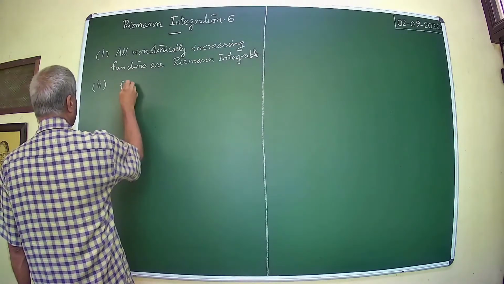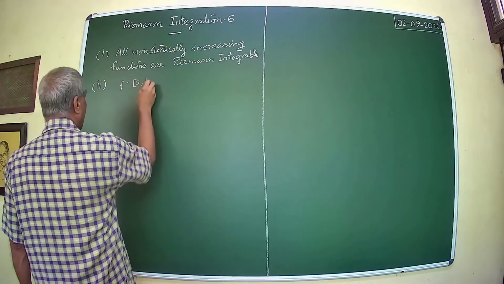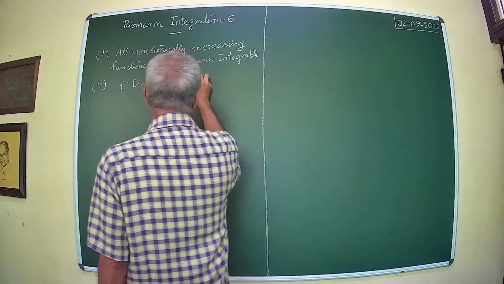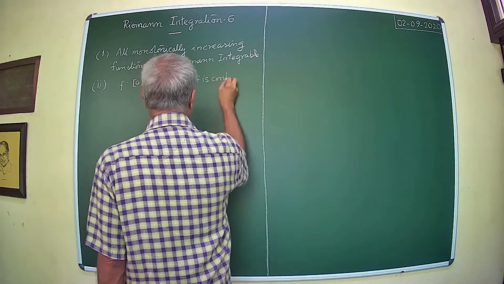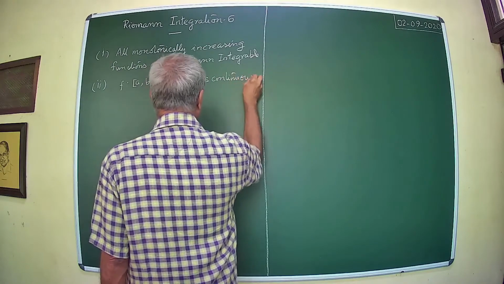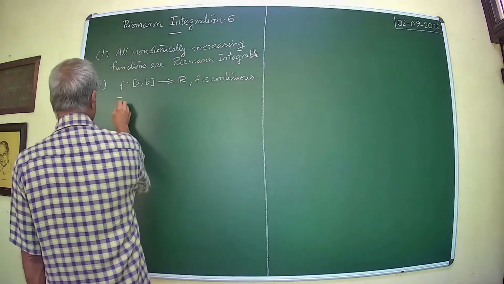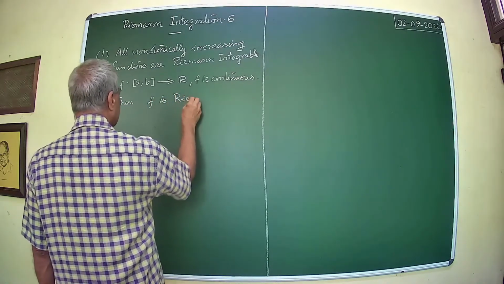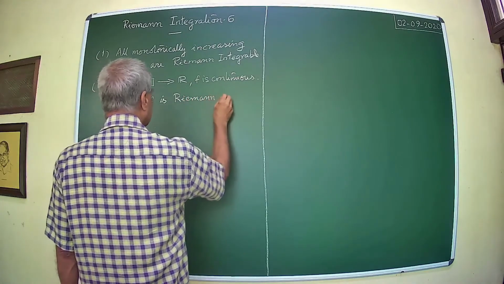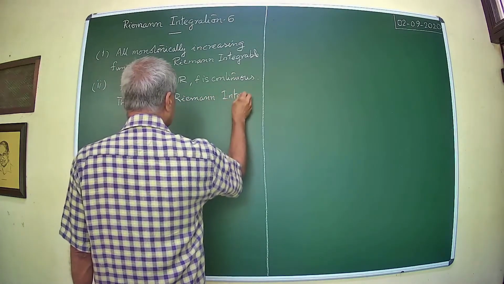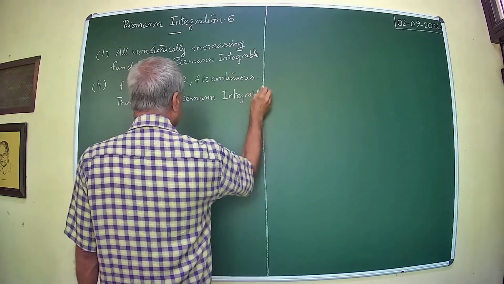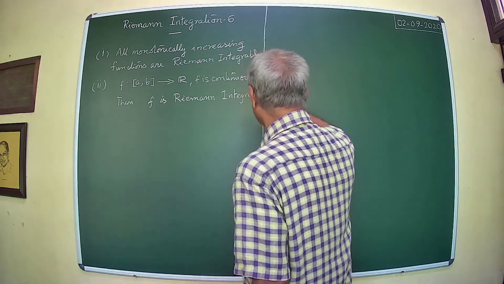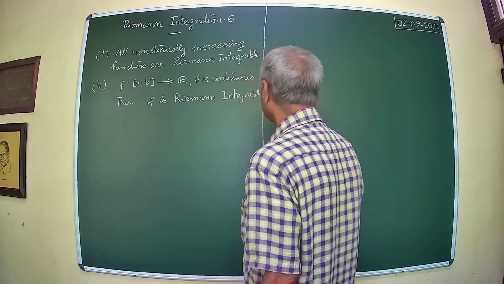So we assume f from AB to R, the real valued function. We assume f is continuous. And we would like to have these functions Riemann integrable.